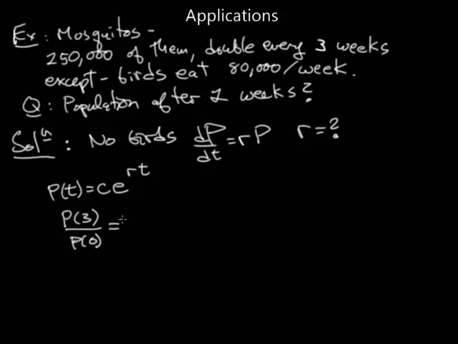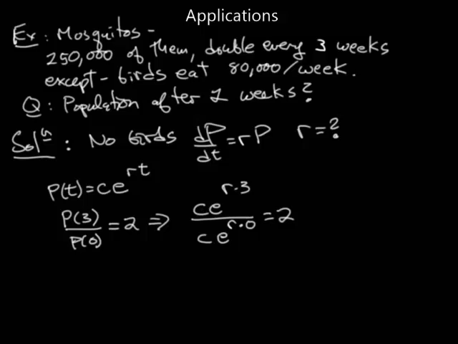is, what's P of 3? C e to the RT. Well, it's equal to 2. So that says that C e to the R times 3 over C e to the 0 is equal to 2.